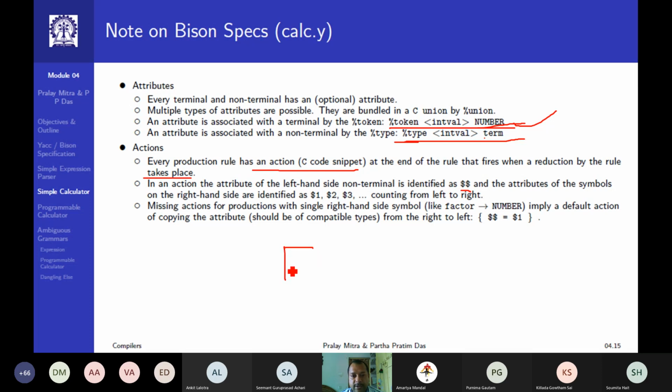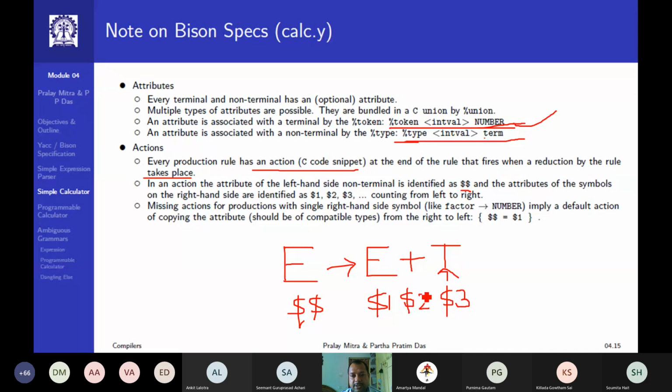That's why I mentioned, say, when an expression is something like E derives E plus T, then for the left-hand side it is $$. For the right-hand side it is $1, $2, $3. $3 is for T, $2 is for addition, $1 is for E. Left to right count. Missing actions for productions with a single right-hand side symbol, factor derives number, imply a default action of copying the attribute. So $$ equals to $1.